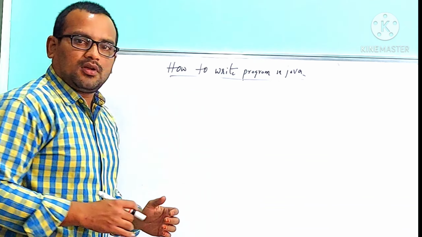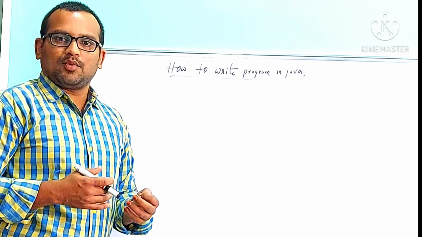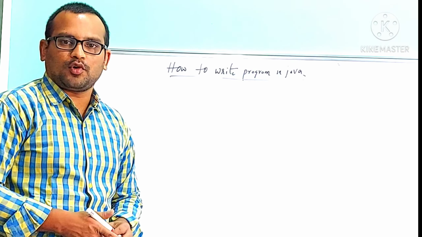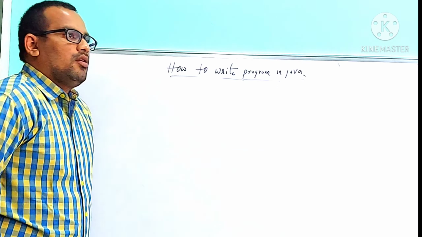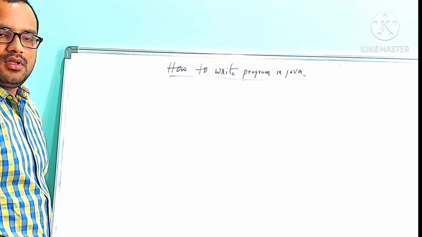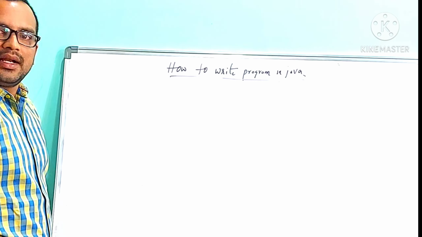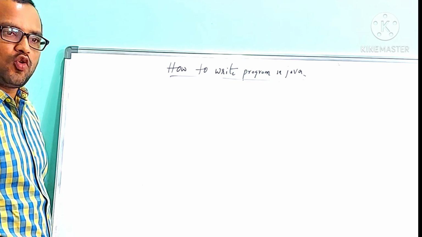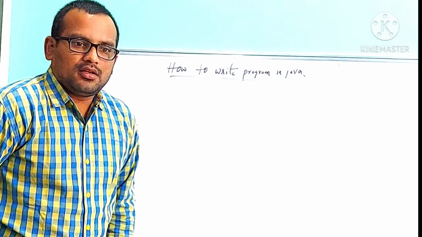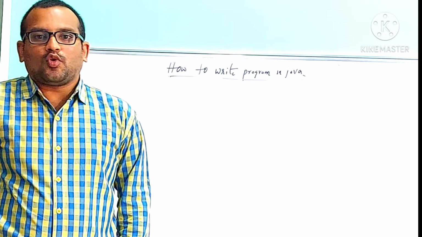Now, after the discussion of Java virtual machine, we are going to discuss how to write a Java program, starting with the first program in Java. Every program in Java should be written inside a class only. Every piece of coding should be inside the class only. I told you clearly in the first class, Java is an object-oriented programming language.